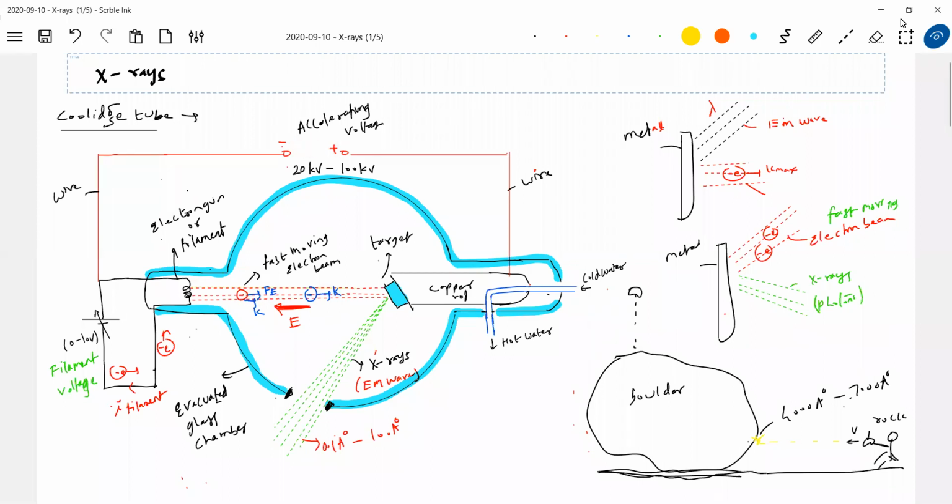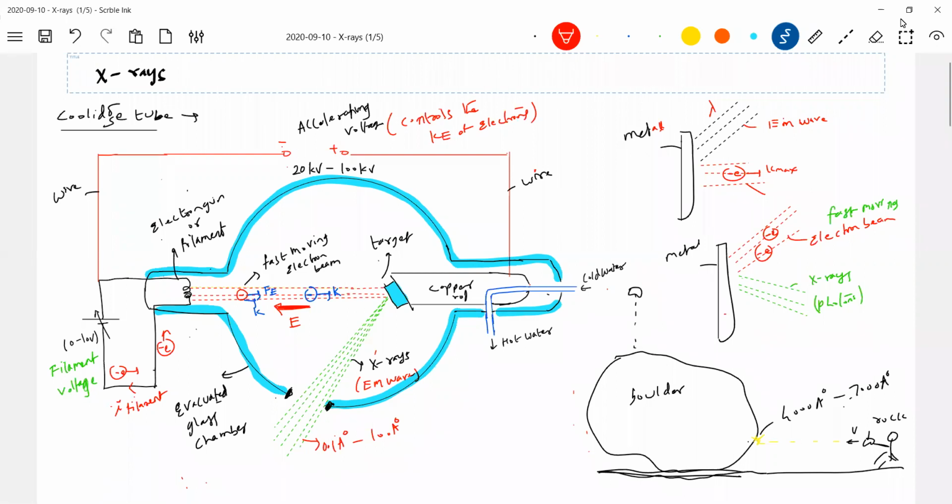The accelerating voltage. So what does the accelerating voltage do? It controls the kinetic energy of the electrons.